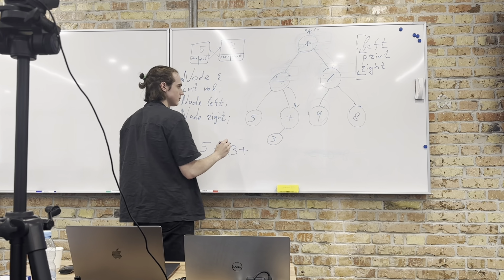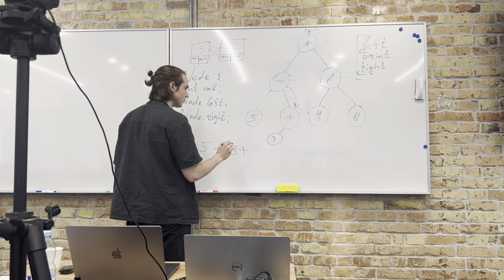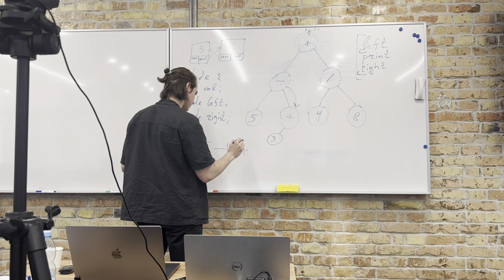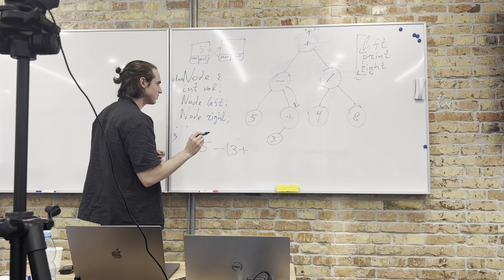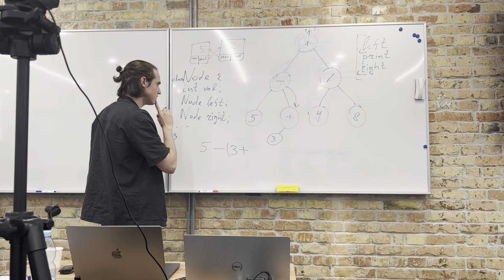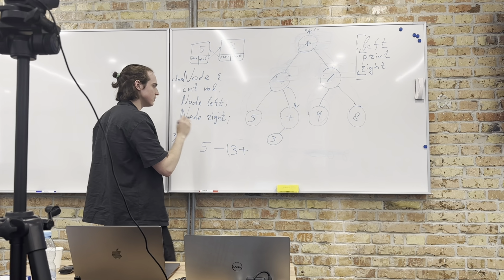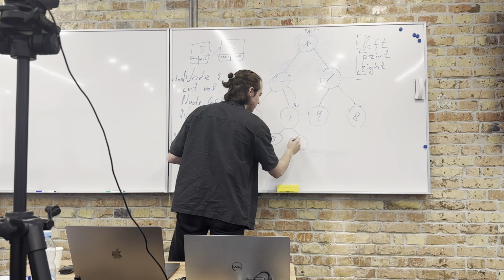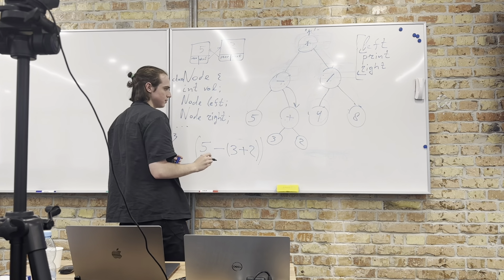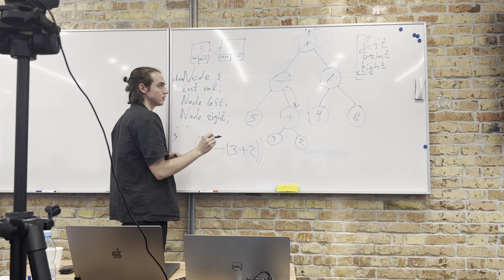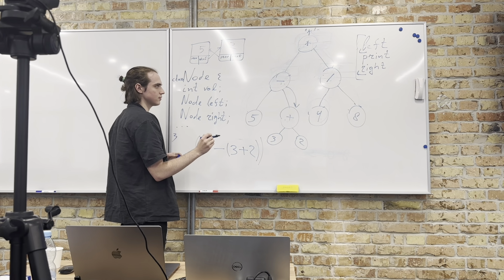We don't have anything at the right, so we go back to minus, we don't print it again, and we go back to multiplication and we print it.